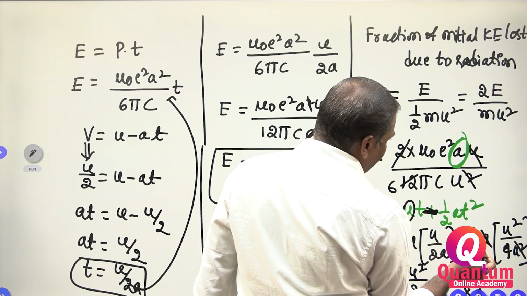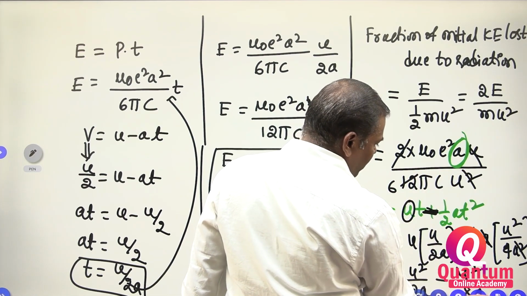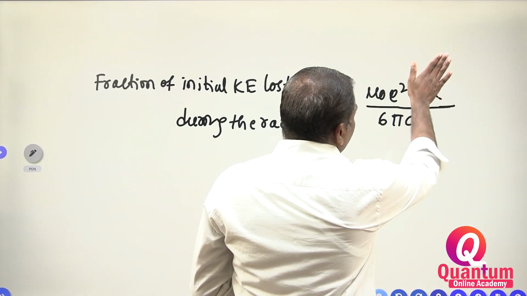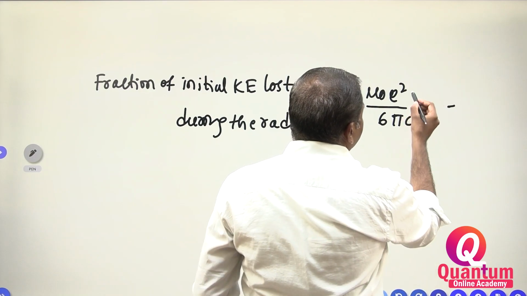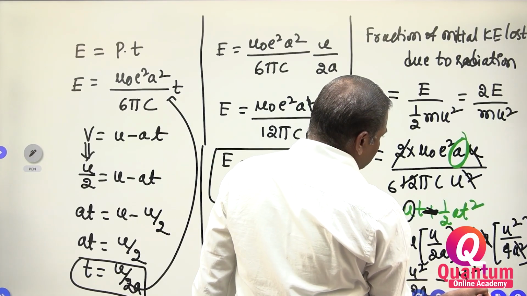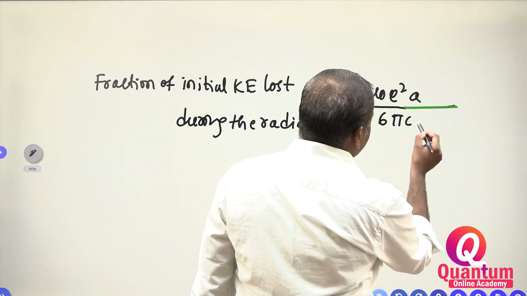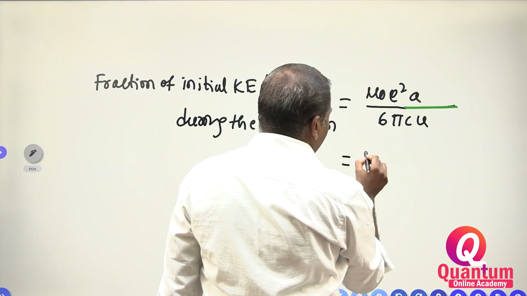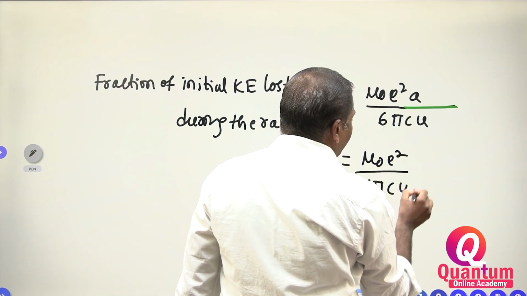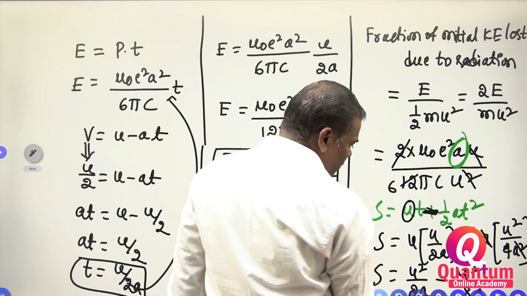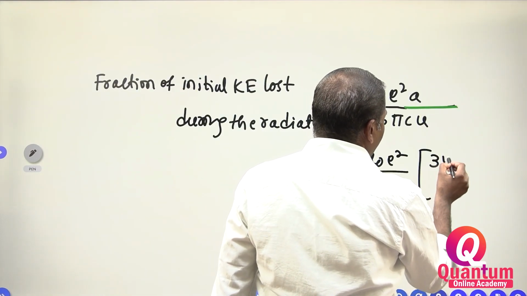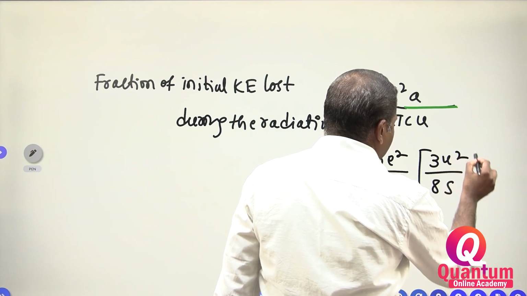Mu naught e squared A divided by 6 pi c into u. How to substitute the A value? A is equal to 3u squared by 8S.